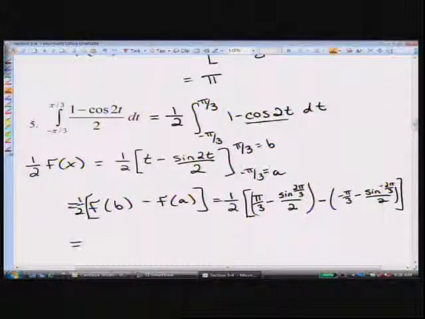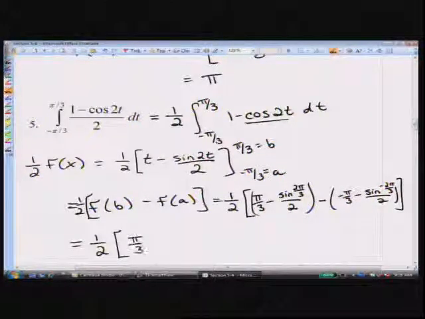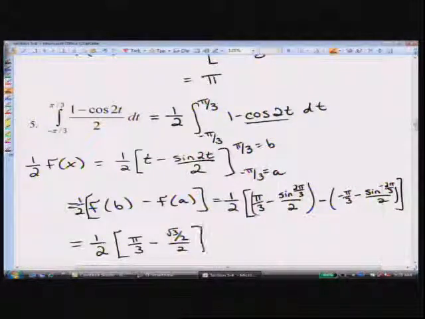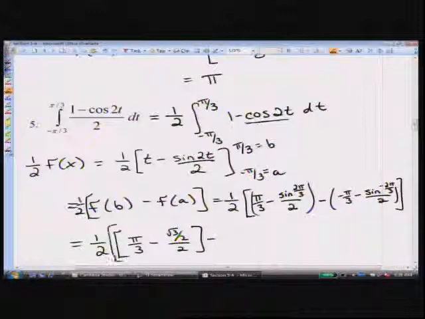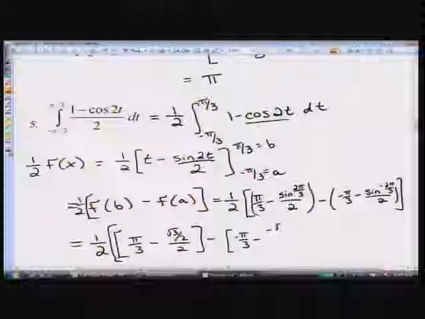So who can tell me what the sine of 2 pi/3 is? The sine of 2 pi/3 is the square root of 3 over 2. So this is going to be minus square root 3 over 2 over 2, minus, remember you're going to take 1/2 of the whole thing, negative pi/3 minus the sine of negative 2 pi/3, which is negative square root of 3 over 2 over 2.